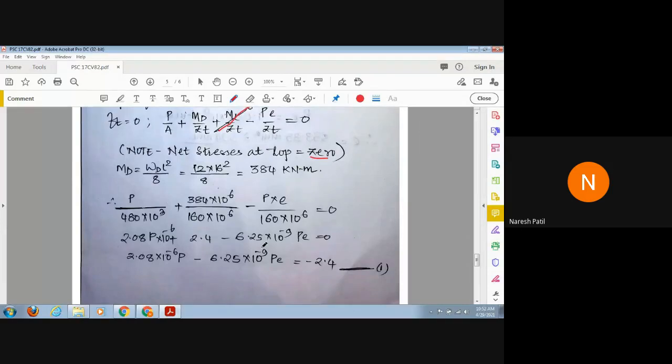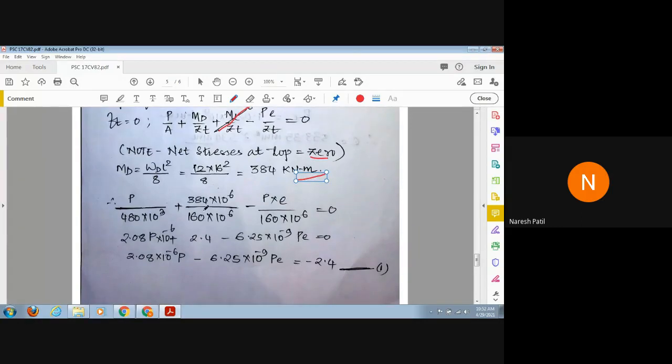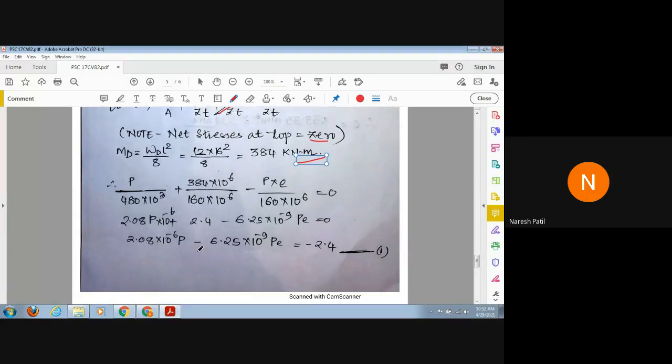The dead load is given as 12 kilonewton, so MD is W L square by 8. So P by A plus MD by Z minus PE by Z, call this equation number 1. After solving, it will remain P and PE, so we get minus 2.4 here.